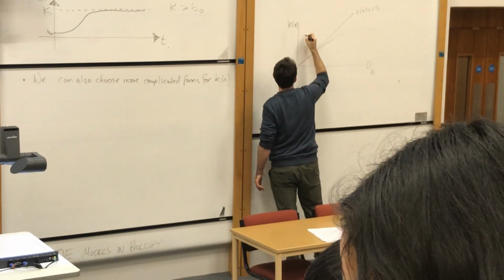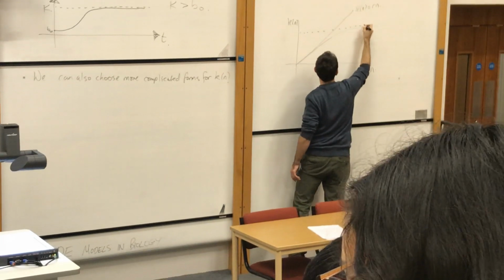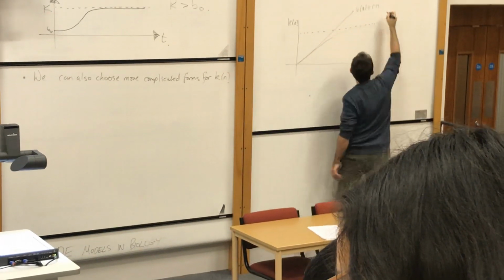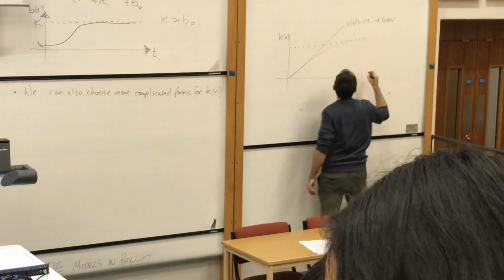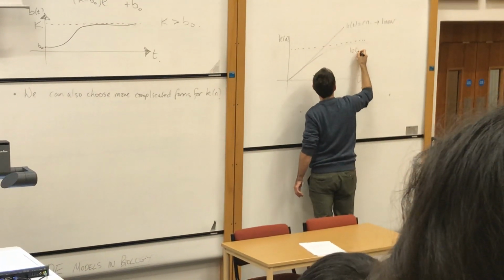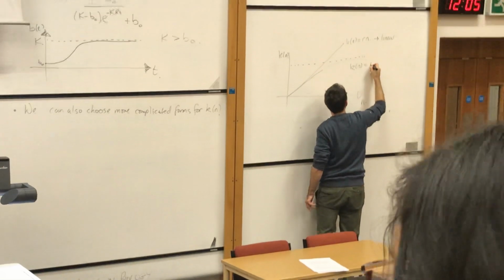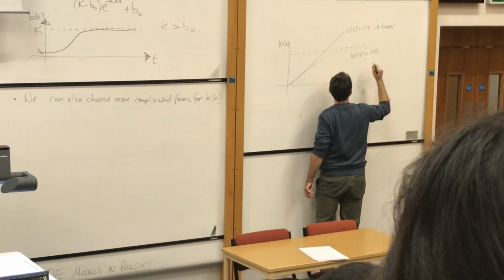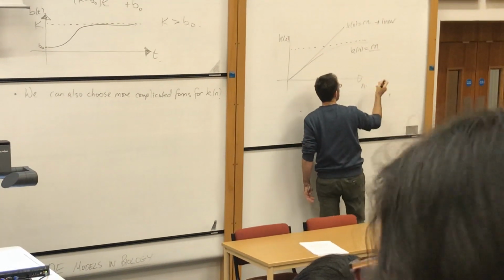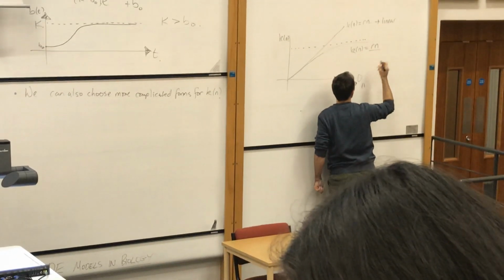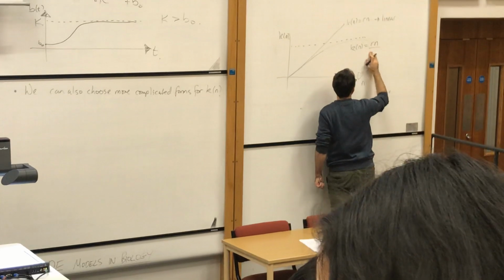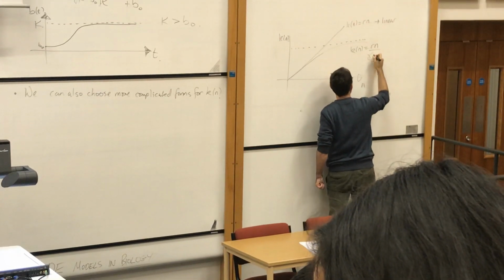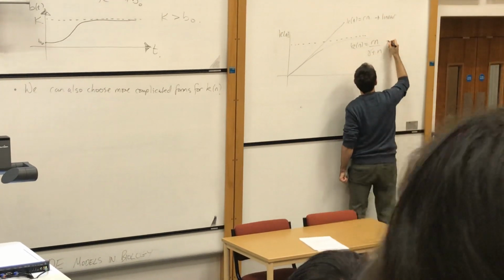A suitable way of choosing that is what we call a saturating form, and a very straightforward and oft-used model for that would be to take K of n to be r times n over some constant, call it gamma, plus n.